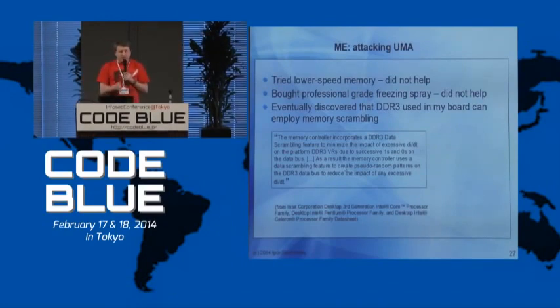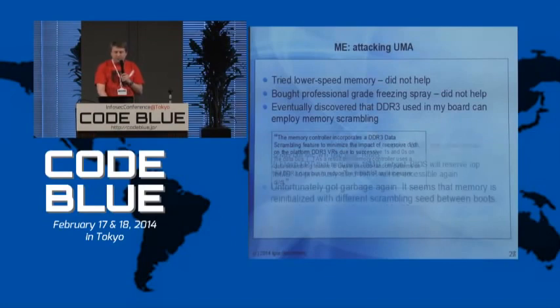In this way, even if you take out your memory stick and put it in another PC, or you just swap them, when reading back, because the address is different, or maybe the scrambler seed is different, you get garbage back. So cold boot attacks against DDR3 are very difficult, and I was not successful in this.